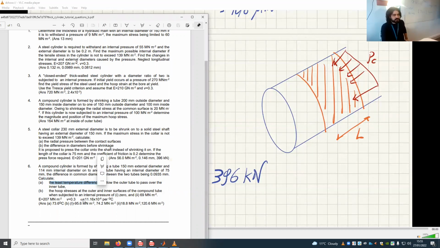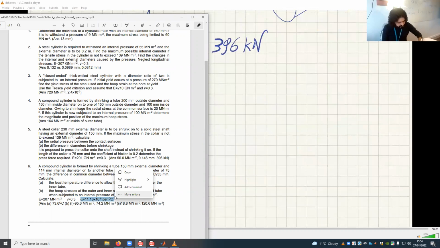Now, something that you might or might not have encountered during your 3 years is another material property, which is called alpha, the coefficient of thermal expansion. Do you know about that? So how is that coefficient of thermal expansion defined?